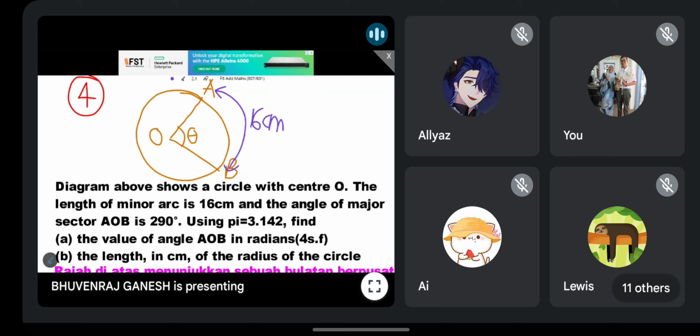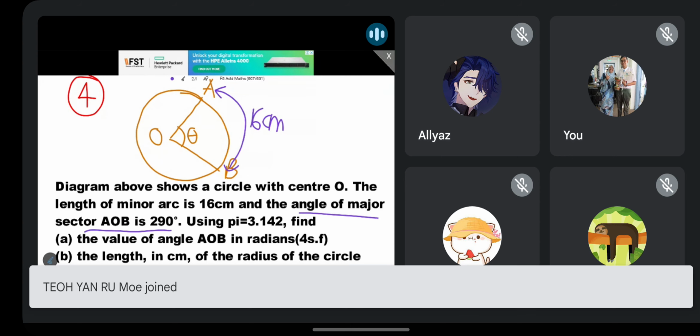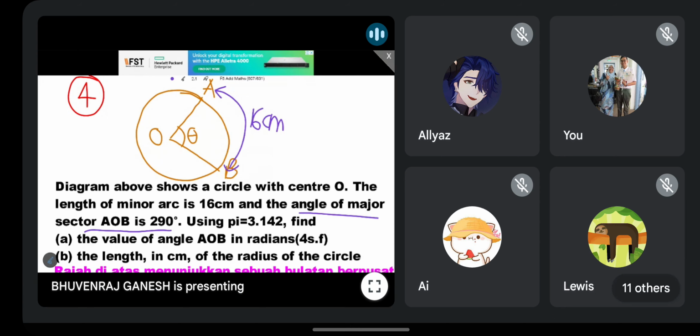Okay, so next information, angle of major sector 290. Okay, I ask you all, number 1 or number 2? 290 belong to which one? Correct, number 2. Okay, major mean big. So that's why the angle is this one, 290 degree. Okay, so now they ask you the value of theta.